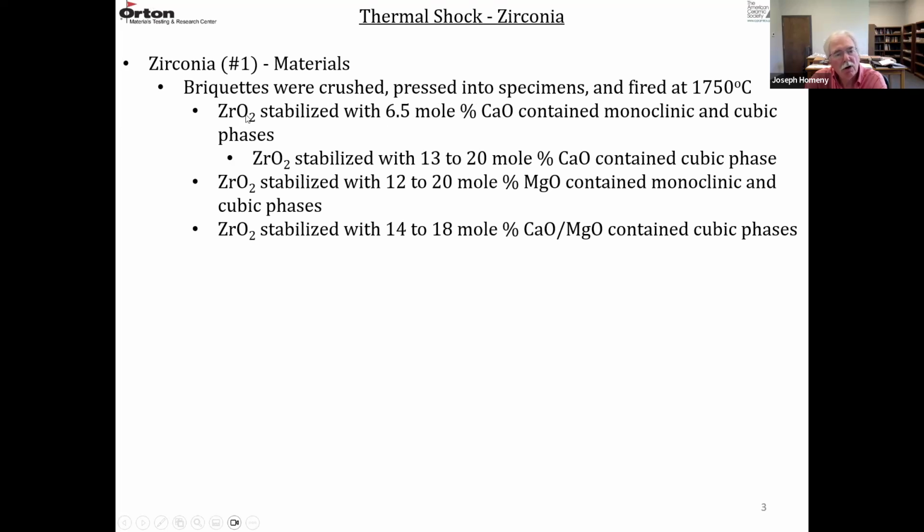The zirconia stabilized with the 6.5 mol% lime contained the monoclinic and cubic phases, but now the other zirconia compositions stabilized with the higher lime content, 13 to 20 mol%, were all cubic. And then the zirconia stabilized again with MgO, 12 to 20 mol%, still contained monoclinic and cubic. And then all of the zirconia stabilized with the lime and magnesia combination from 14 to 18% was just cubic.